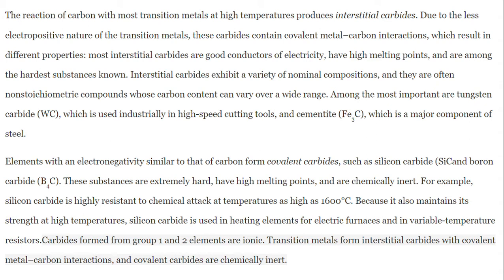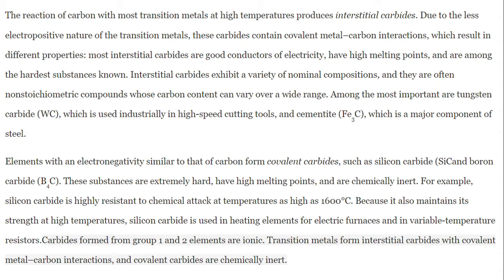Elements with electronegativity similar to that of carbon form covalent carbides such as silicon carbide, SiC, and boron carbide, B4C. These substances are extremely hard, have high melting points and are chemically inert. For example, silicon carbide is highly resistant to chemical attack at temperatures as high as 1600 degrees centigrade, and it also maintains its strength at high temperatures.